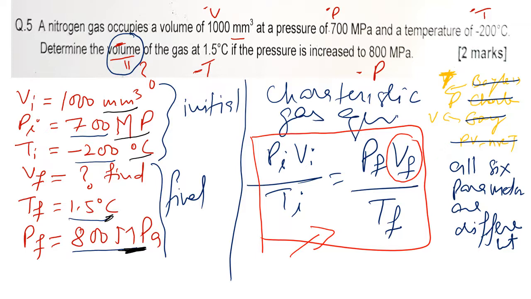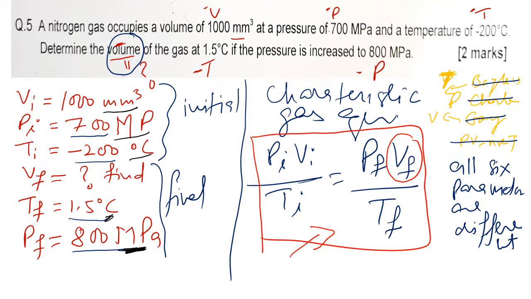Now what formulas can you use here? You can use Boyle's law, Charles's law, Gay-Lussac's law, or the equation PV is equal to nRT.